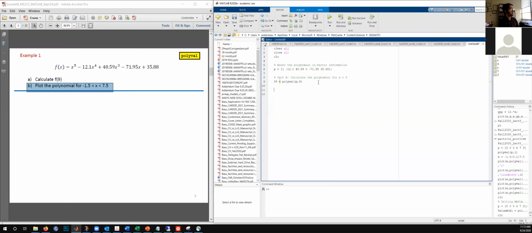Now let's think about part B, which is about plotting the polynomial over a range of x. So what would be your first step here?